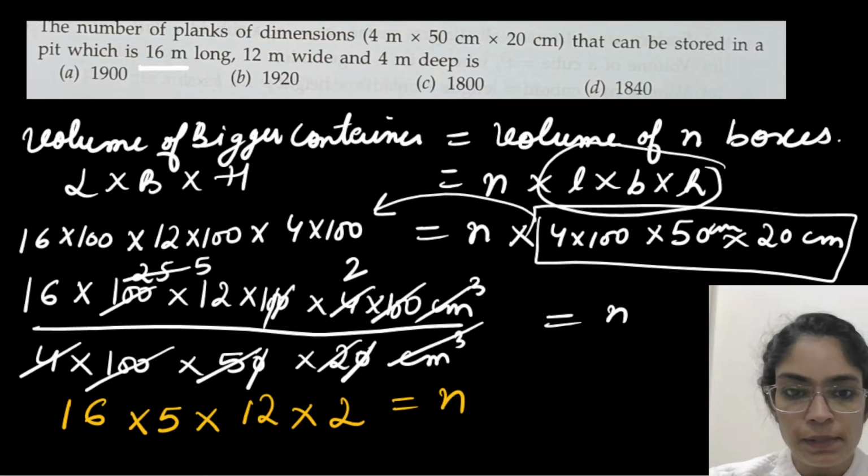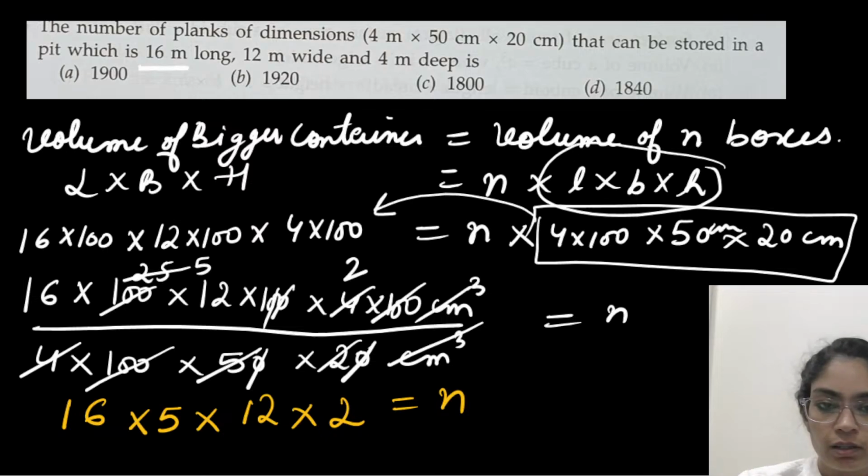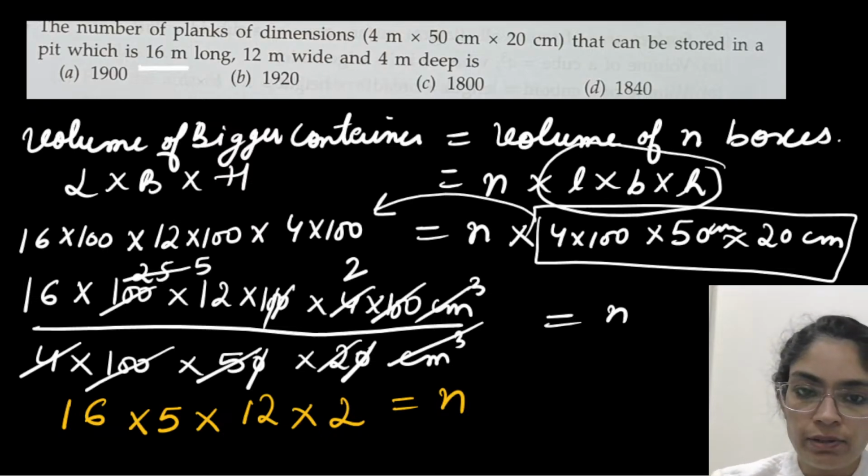So just multiply, the numbers are very big. Small boxes can be stored. Is the calculation correct? 5 into 2 is 10.